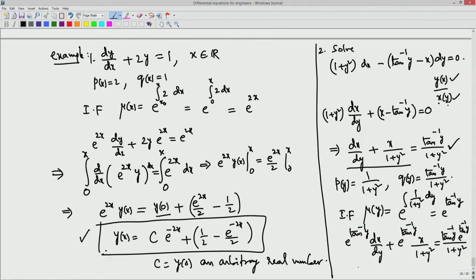So the left hand side is simply the derivative d/dy of x times e power tan inverse y, equal to the same right hand side.